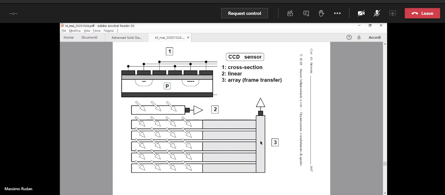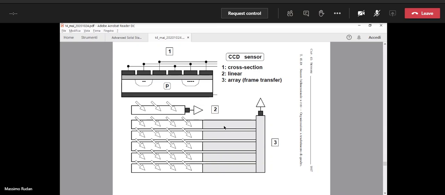This is called frame transfer architecture, because the whole two-dimensional frame that has been integrated along the integration time is transferred all together into the protected area.